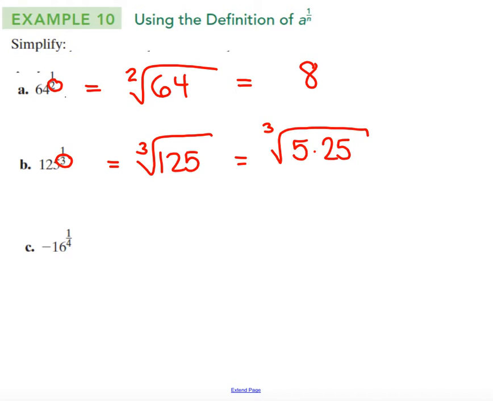Now we think about 25 can be broken down as 5 times 5. So is this a perfect cube? Yes, it is. So we have 3 fives with an index of 3, so the final answer is 5.